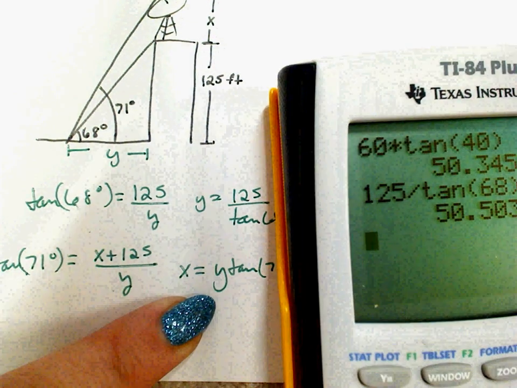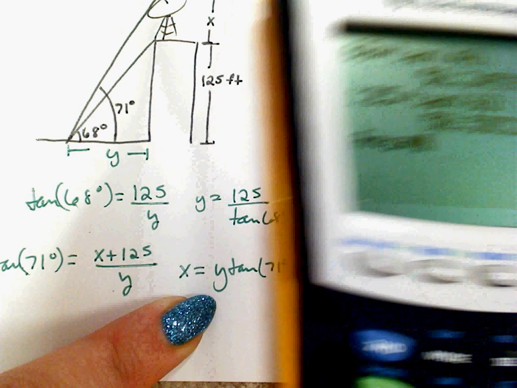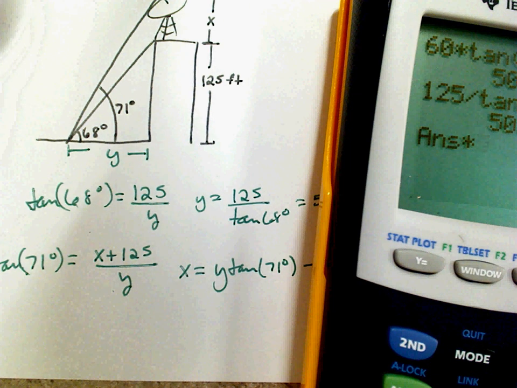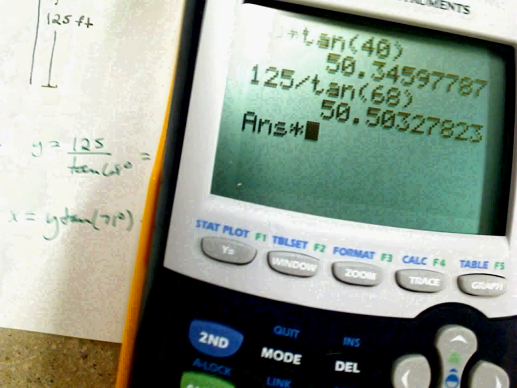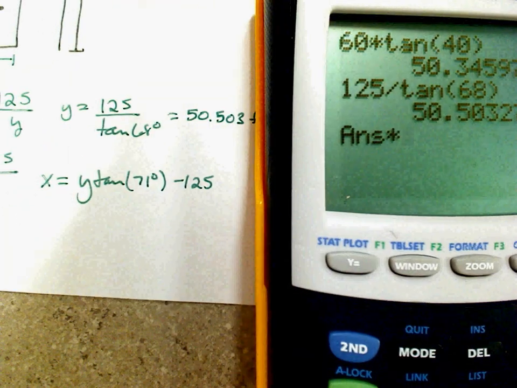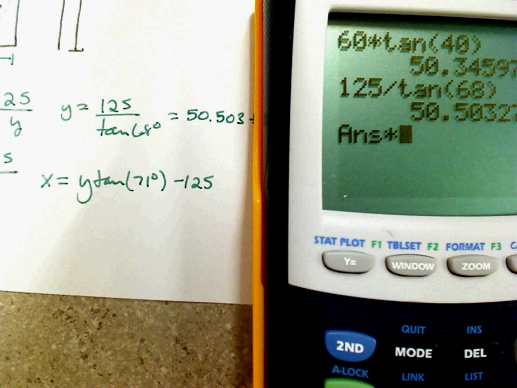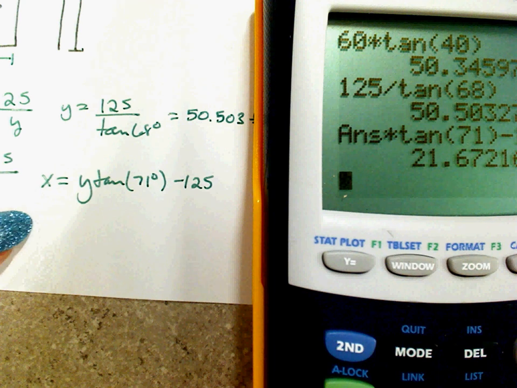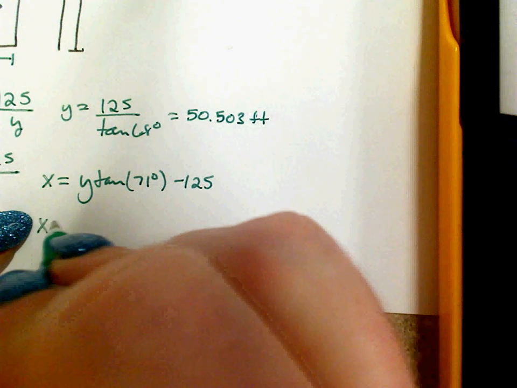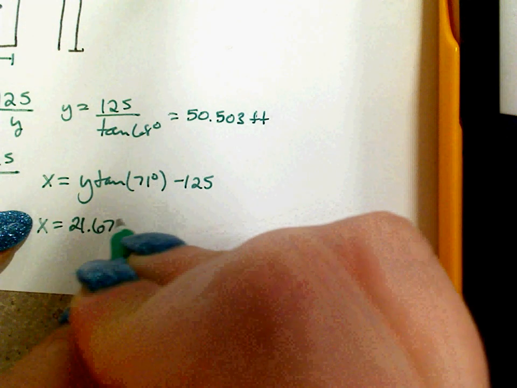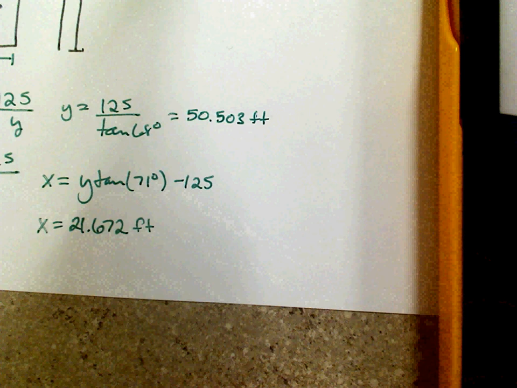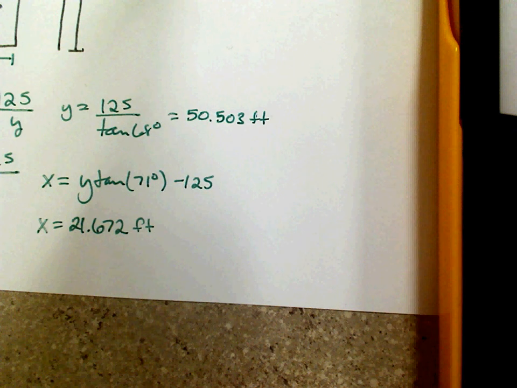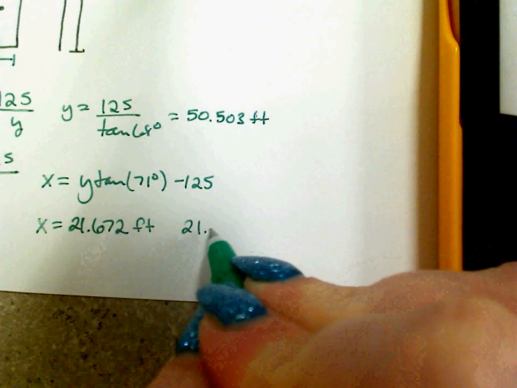So take that answer times tangent of 71, then subtract 125. And I get that the antenna is 21.672 feet tall, to the nearest tenth of a foot, so 21.7 feet.